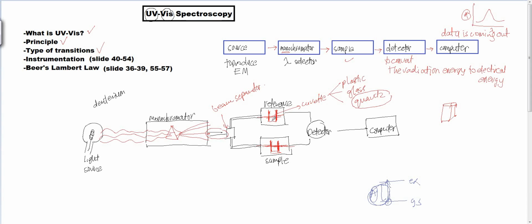So there will be a transition, but usually the transition in water lies at less than 200 nanometer. So in other words, when this UV-Vis light, the electromagnetic radiation, goes through the chamber and through the solvent, we can say there is no absorption, sebab dia tak termasuk dalam range UV-Vis. Jadi dia hanya lalu, tiada absorption yang berlaku.